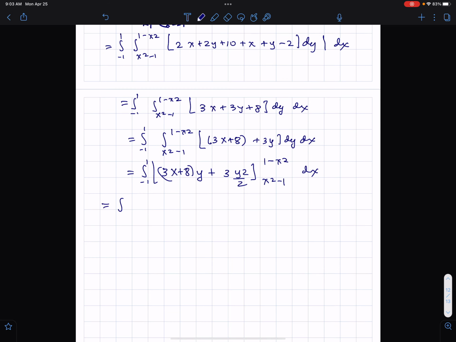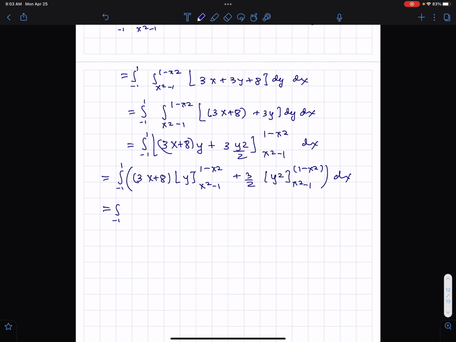And so negative 1 to 1, I have 3x plus 8, and now I evaluate y from x squared minus 1 to 1 minus x squared, plus 3 halves, and I evaluate y squared from x squared minus 1 to 1 minus x squared. Then that's going to be dx. So then I have negative 1 to 1, 3x plus 8, and I'll put in for y 1 minus x squared, and then subtract, put in for y x squared minus 1.